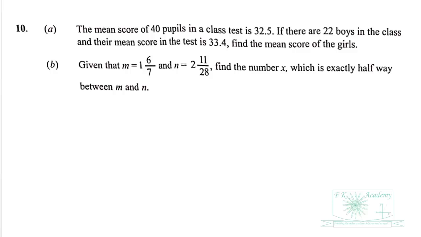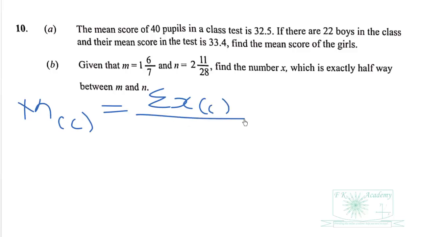Alright, so let's find the mean score. Let's use the mean score of the whole class. So that will give us the total score of the whole class over the total number of students, or total number of pupils, which is 40.